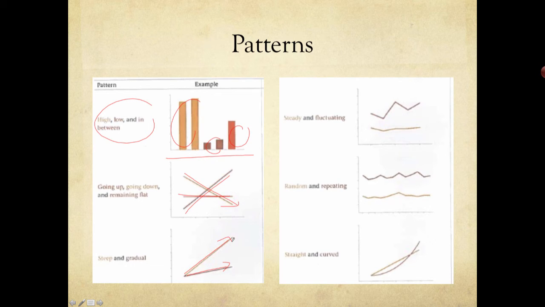Or the trends over time vary in terms of variability. So in both of these instances, you have an upward trend, but notice here the upward trend varies a great deal, has a high degree of variability, whereas here the variability is much, much smaller.